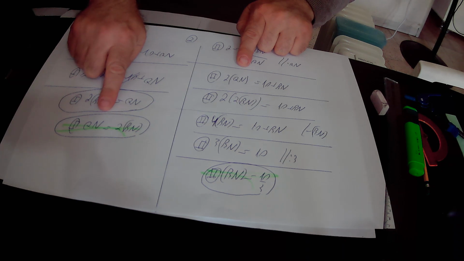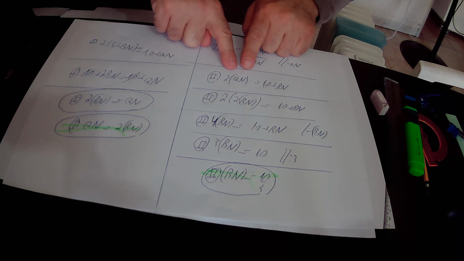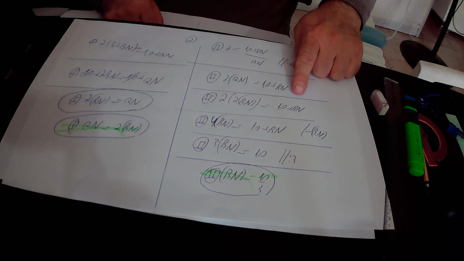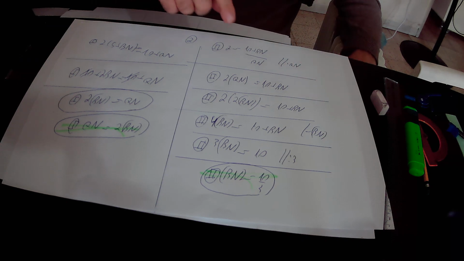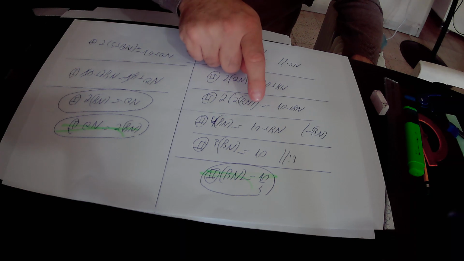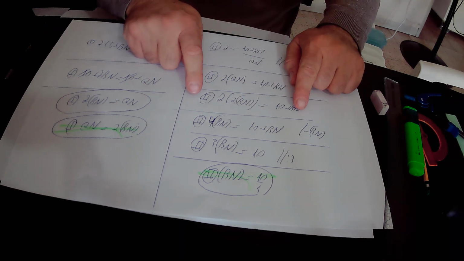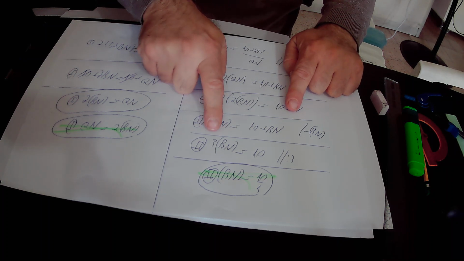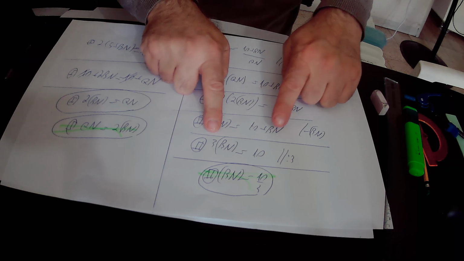So Qn is 2 times Bn, and it equals 10 plus Bn according to equation number 2. So 2 times 2Bn is 4Bn, and it equals 10 plus Bn. Here we subtracted Bn from equation number 2, and found that 4 times Bn minus Bn is 3 times Bn. So 3 times Bn equals 10.